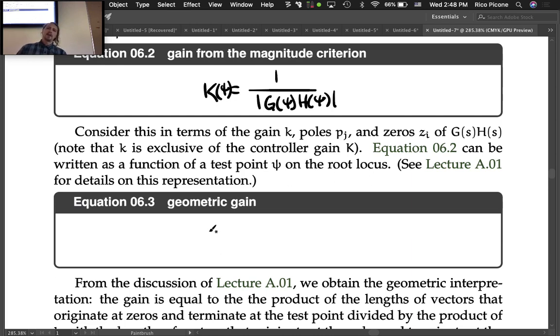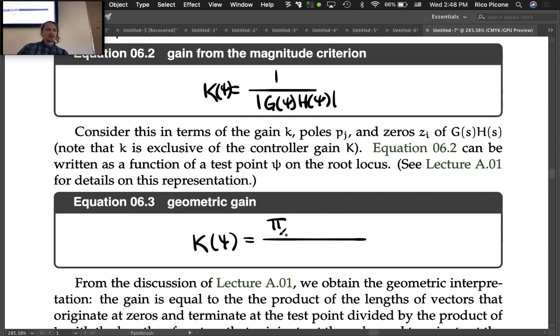We looked at that in that appendix, and we can use that to interpret how to come up with our K of psi in this geometric way. So we have this 1 over factor, so we've got to take that into account.